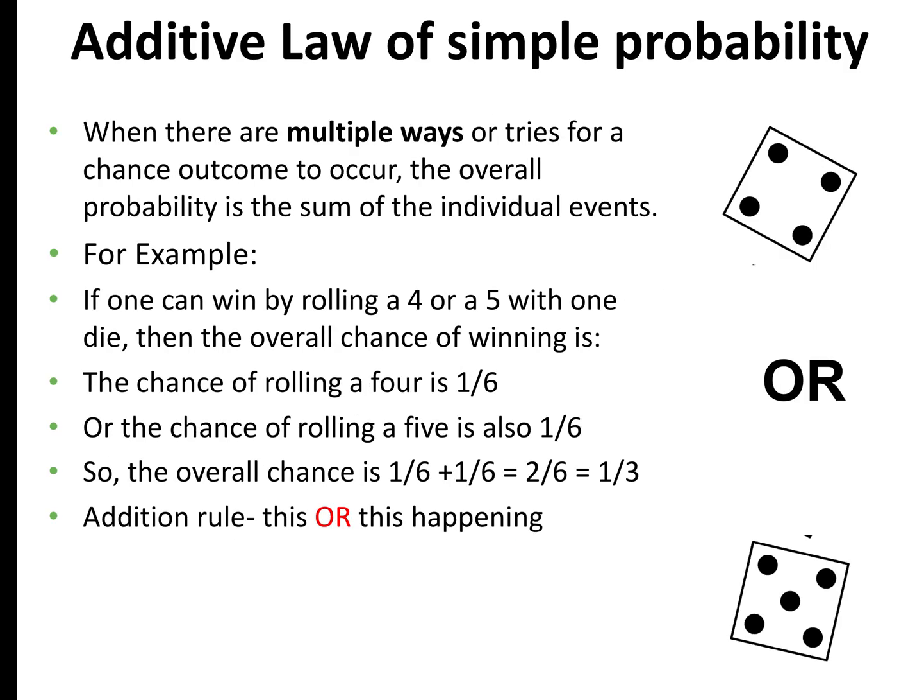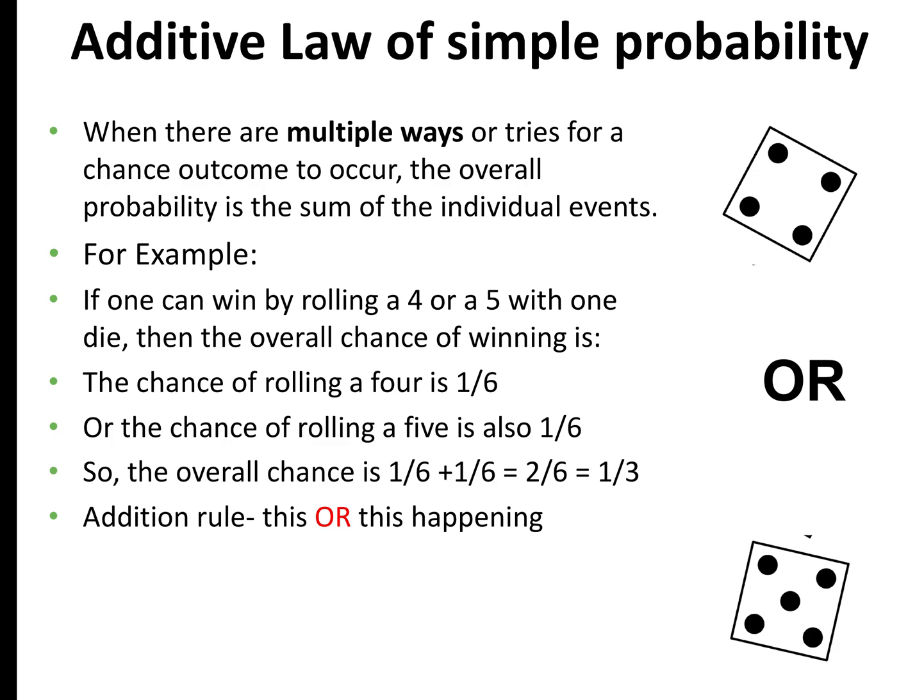You can use the additive rule whenever there's an or in the situation. So let's say this time I want to know what's the chance of me rolling a 4 or a 5 on my first roll. Well, the chance of rolling a 4 is 1 out of 6, and the chance of rolling a 5 is also 1 out of 6.